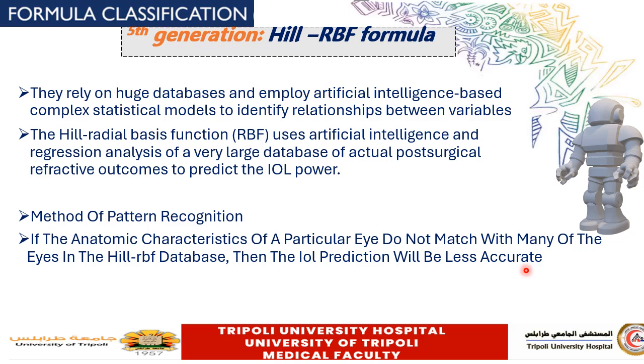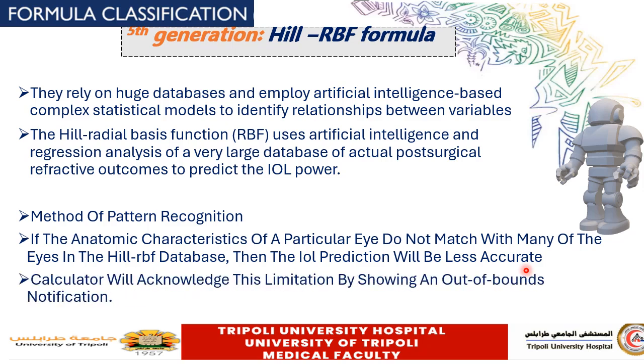If it recognizes it, it will acknowledge it as in-bounds. Or if it does not recognize the data, it will acknowledge it as out-of-bounds. In the coming slides or lecture, you will understand the meaning of in-bounds and out-of-bounds. But this is as simple as that, the basic principles of the Hill-RBF formula and the utilization of artificial intelligence.